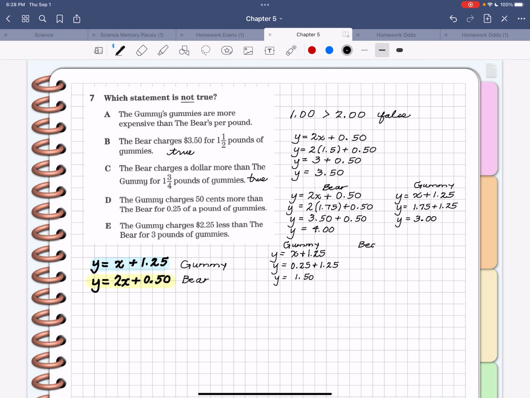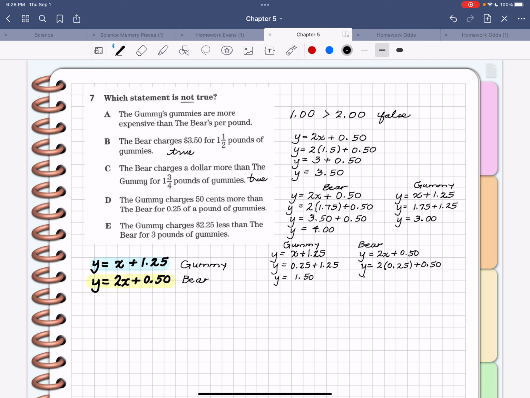And then at bear, we need the other equation. And so we would have 2 times 1/4 a pound plus 50 cents.